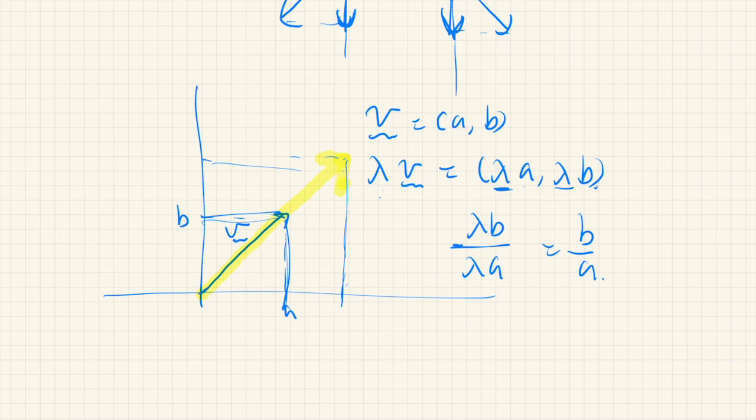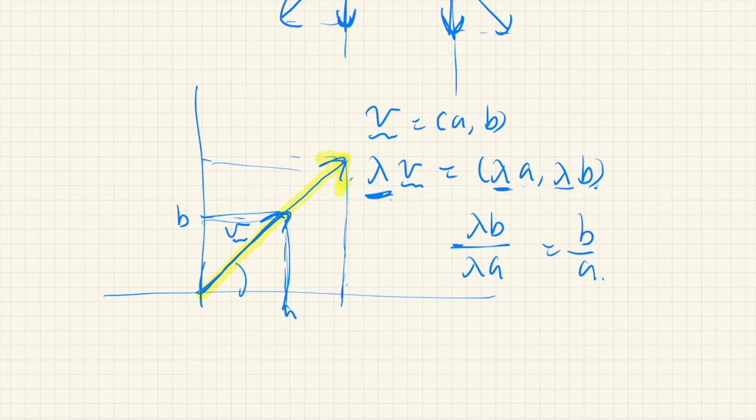That means this angle stays the same between this and this transformation. So what we have is a vector that points in the same direction but has a different length, scaled by lambda.